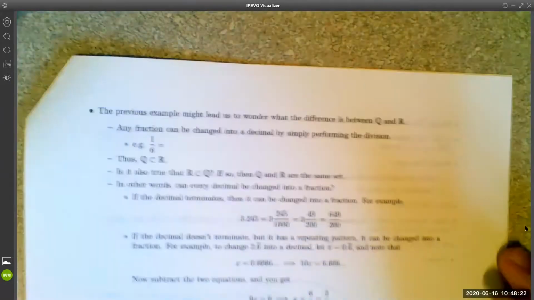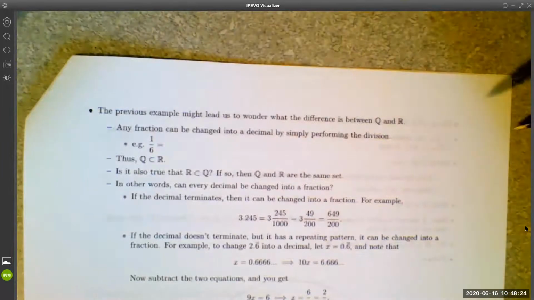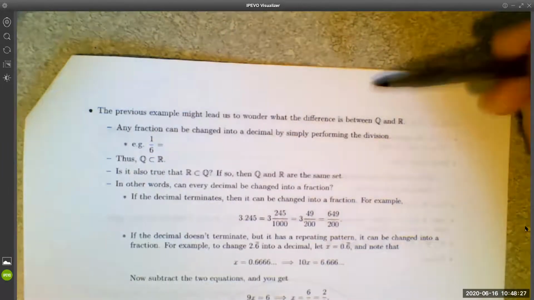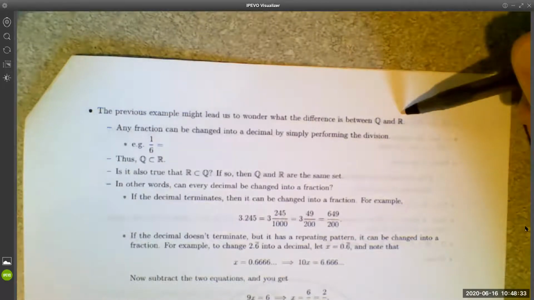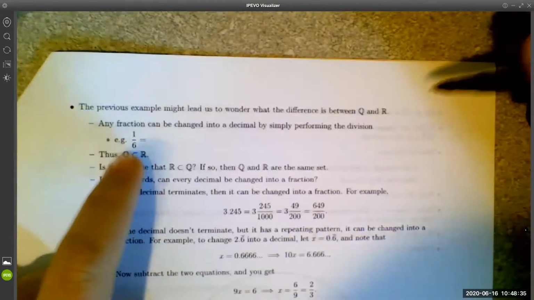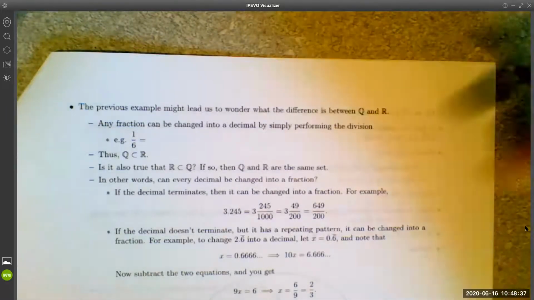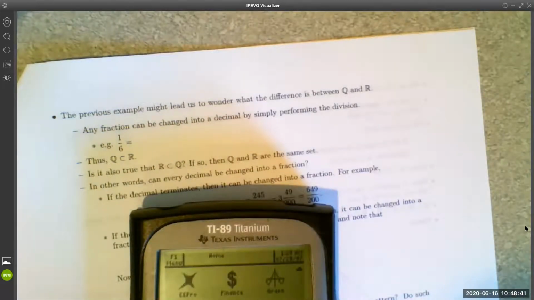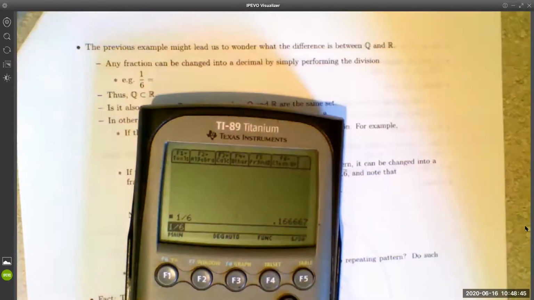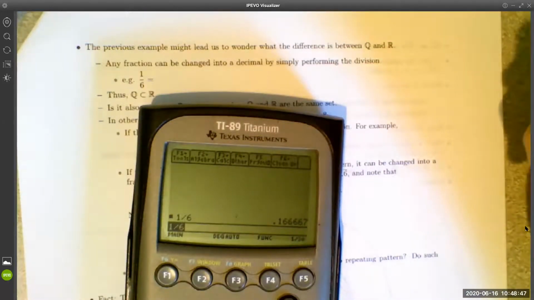Okay, so what exactly is the difference between Q and R? Well, we've said that every fraction can be rewritten as a decimal, so every rational number is a real number. For example, 1/6. Oh goodness, I'm just going to use my calculator. 1/6 is 0.1666666 on and on forever.